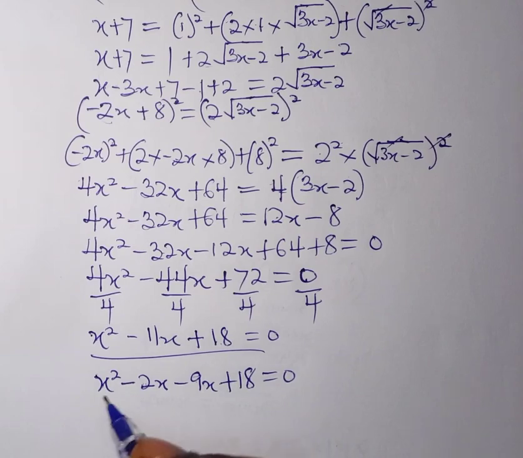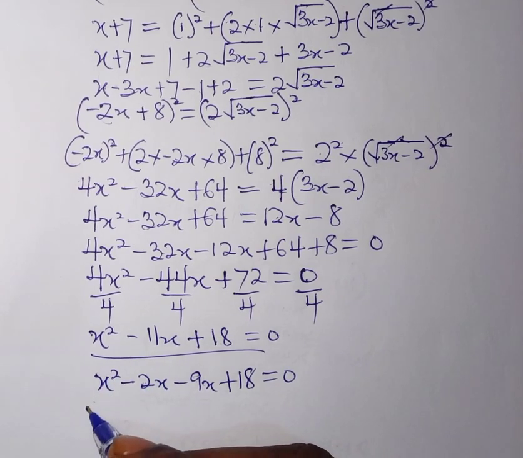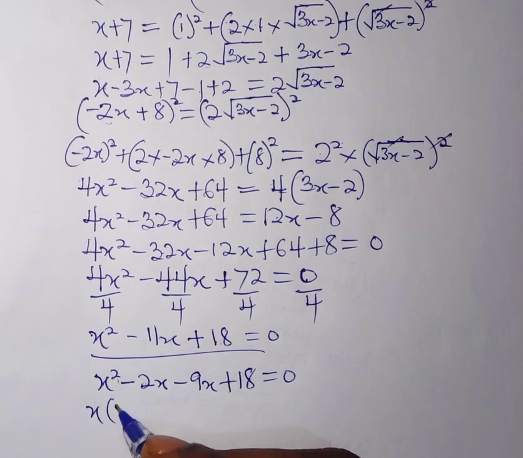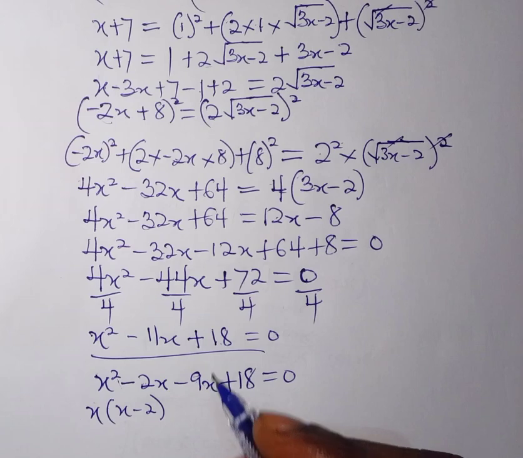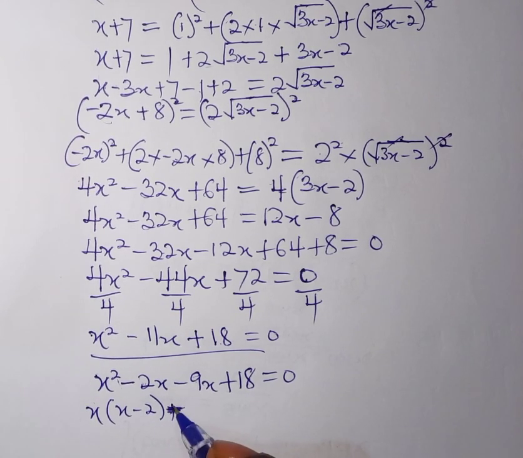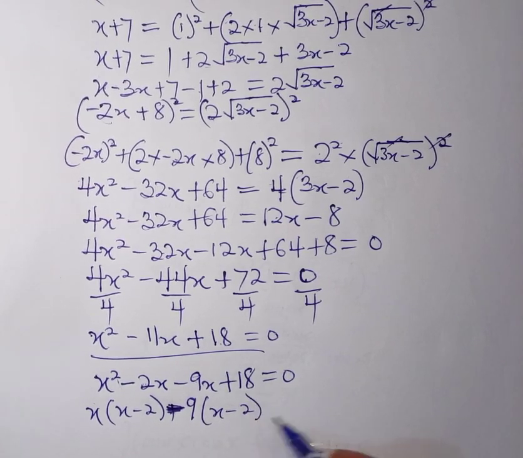So what I do is factor this out, and then I will have x minus 2, and then I can also factor out negative 9, and then x minus 2, which is equal to 0.